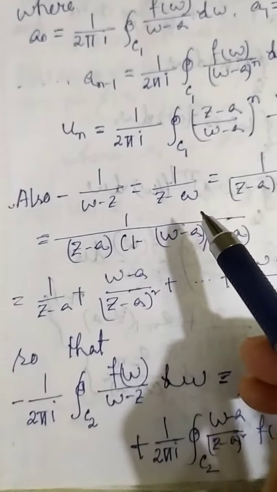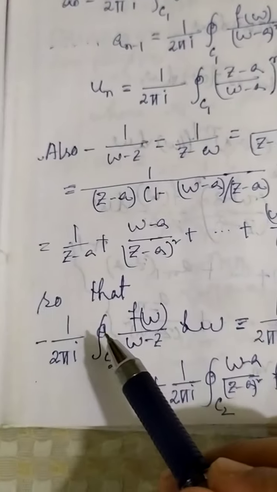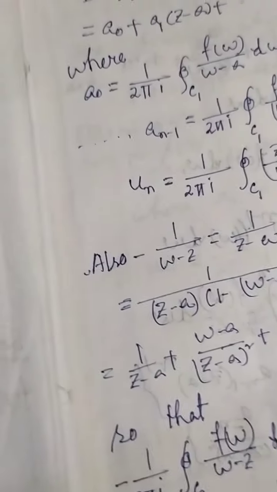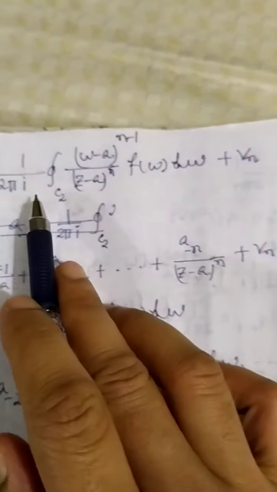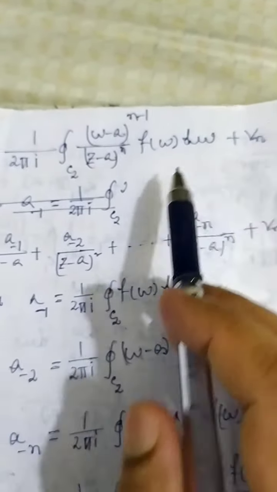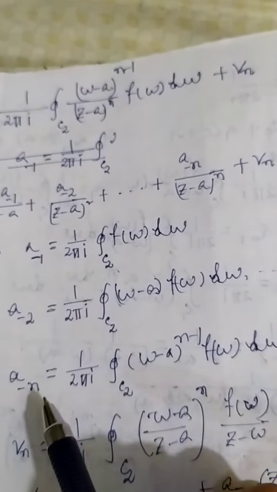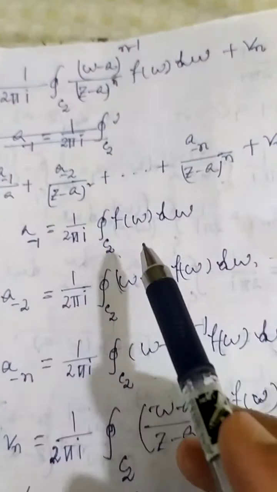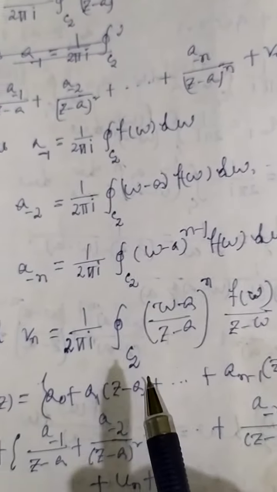this will be exactly the same way, same calculation, so the second integral can be written in this way. Same calculation, this is not a big deal, you can verify. So we have Vn, with terms a minus 1, a minus 2, up to a minus n, and this is our Vn.